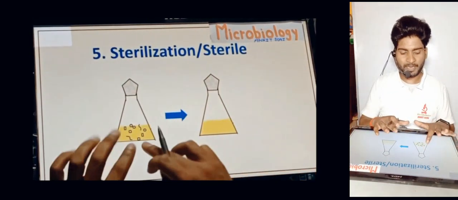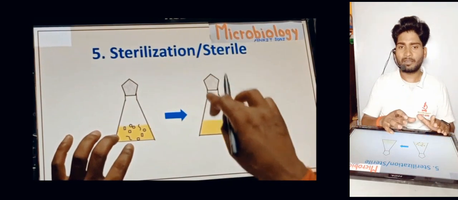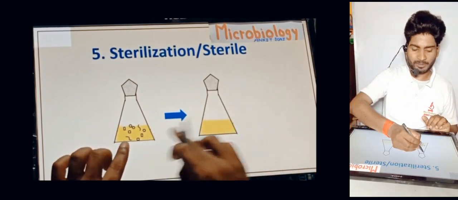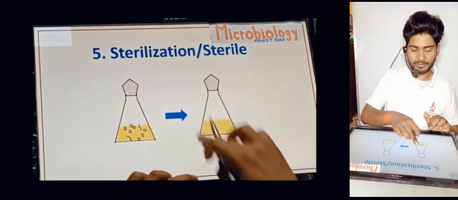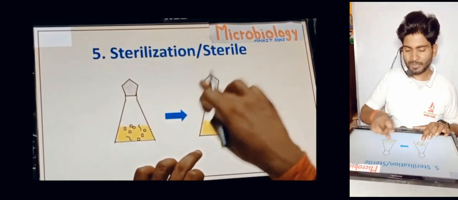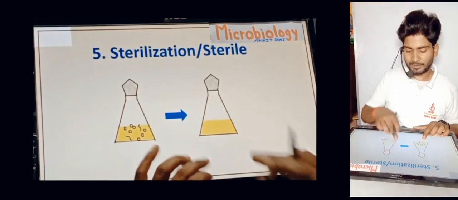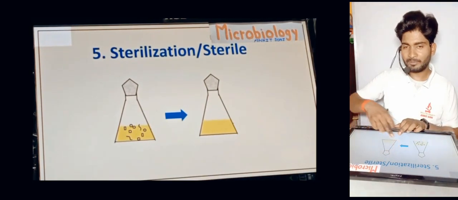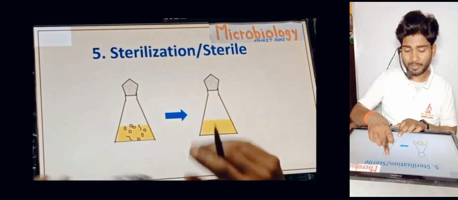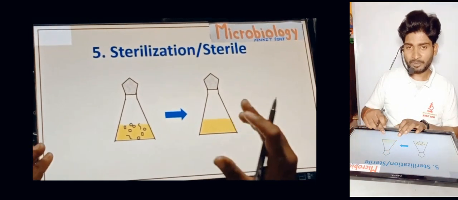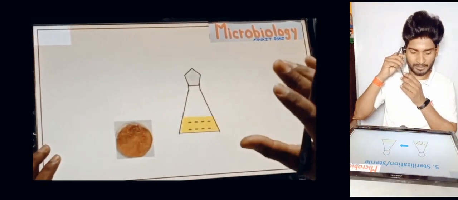It can be glassware, it can be a medium. The picture is showing where organisms are present, that is non-sterilized, and where it is completely free of microbes, then we say now this is sterilized. For sterilization we use an autoclave, hot air oven. Such kinds of instruments are used in the microbiology laboratory.